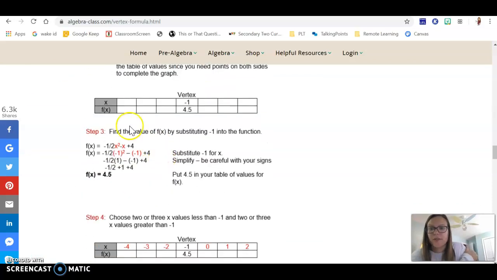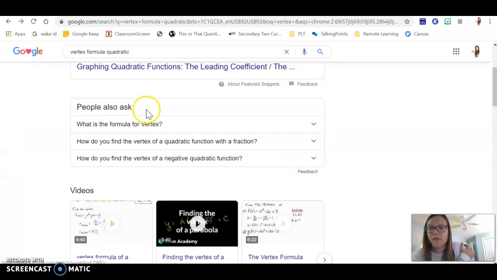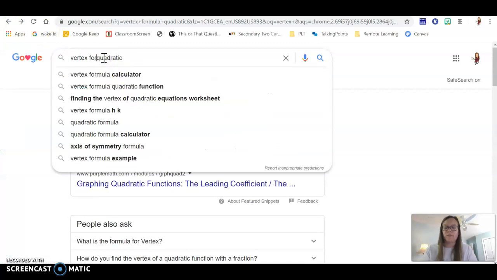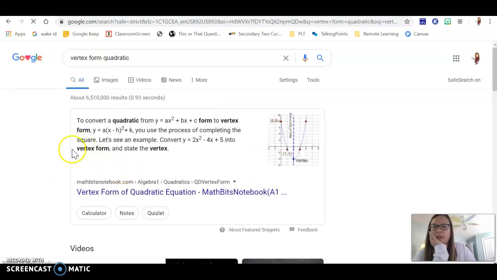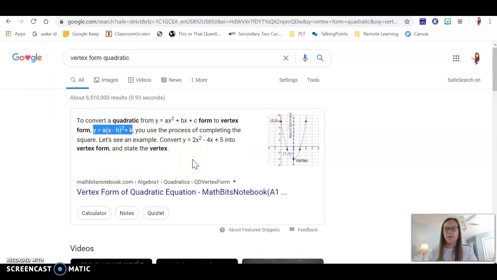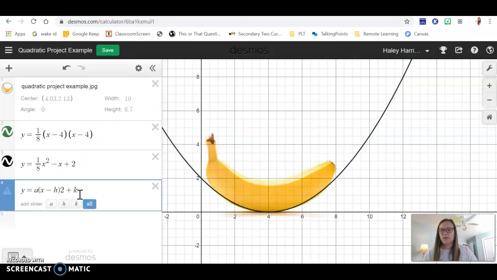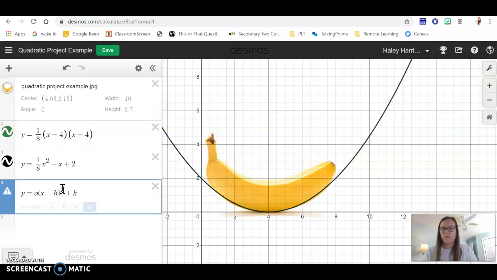I want the actual vertex form. There we go. Let's type that correctly. y equals a times x minus h squared plus k, where h and k are the vertex.